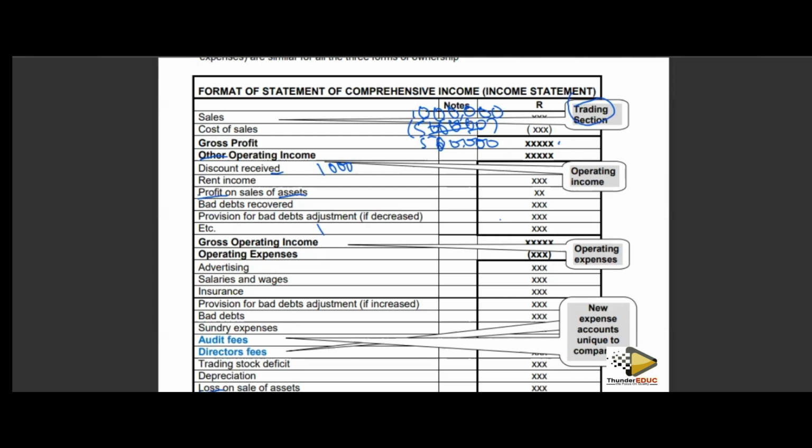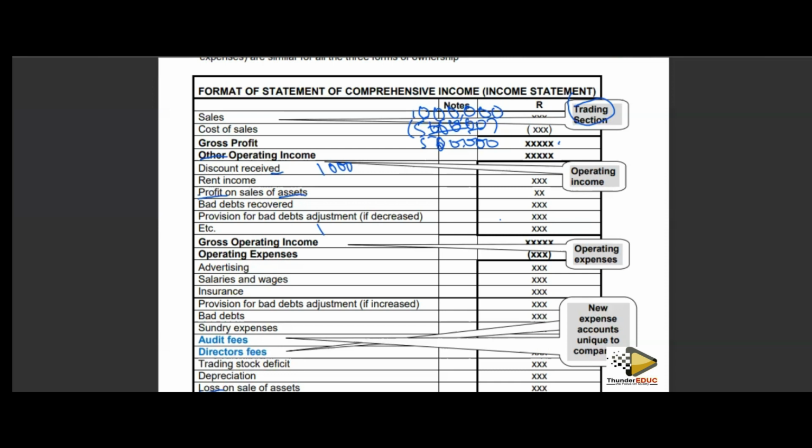Writing them off means that we forgive them, to say, okay, we shall not recover this money, and then they leave it. Or some of them, they disappear, okay? Anything can happen. So, if they disappeared last financial year, what happens? We wrote them off last year as a bad debt, okay?